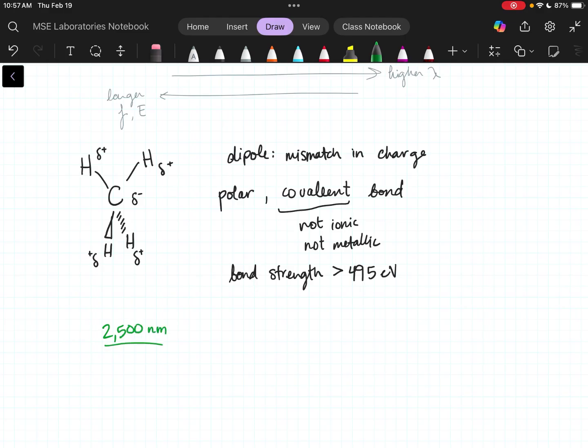What's fun about this is if we look back at our range of infrared, we're going to go back to our green. 2,500 nanometers is the same as 495 electron volts. 25,000 nanometers is about 49 electron volts, which is a lower energy.